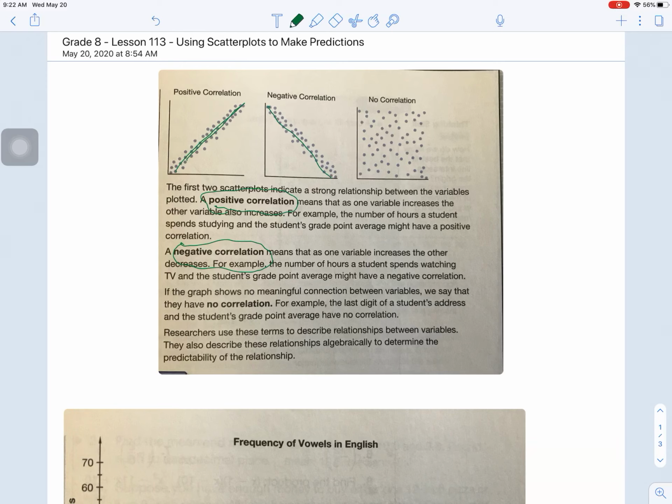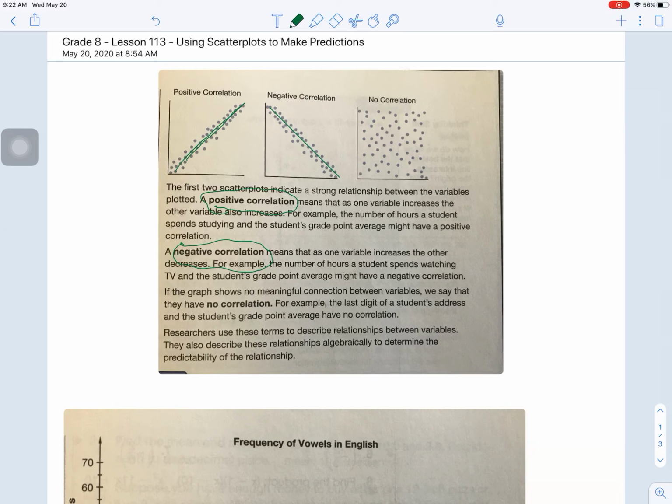And with a negative one, you could actually draw a line through that data too, and it makes sense. And they use positive and negative correlations to predict stuff. So they'll say, oh, well, it shows that if you do this, you will get that roughly. So it really helps them to see trends and make decisions based on that.